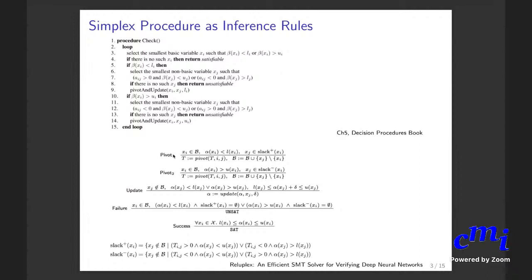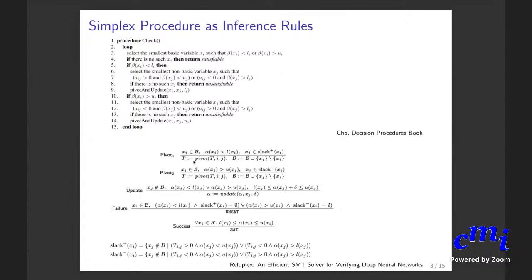So simplex has this pivot and update. Here, that combined operation is split into two pivot operations and an update operation.